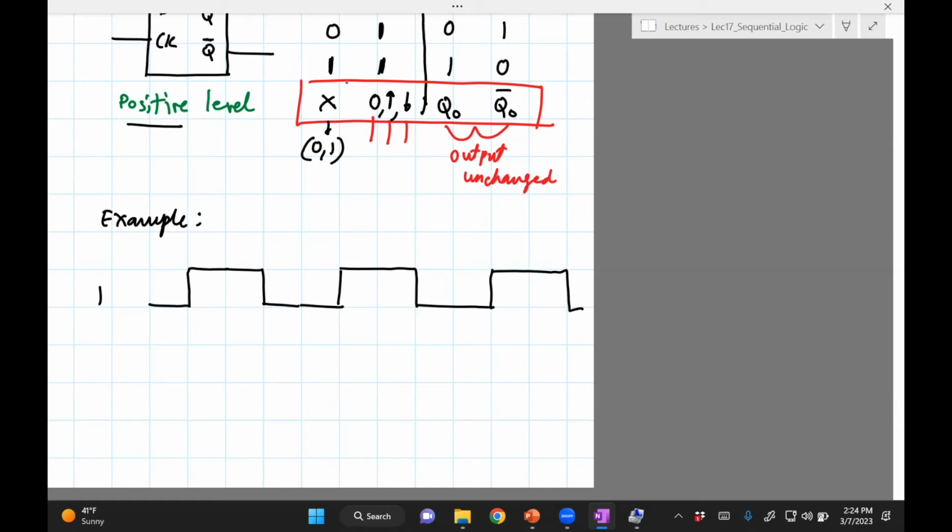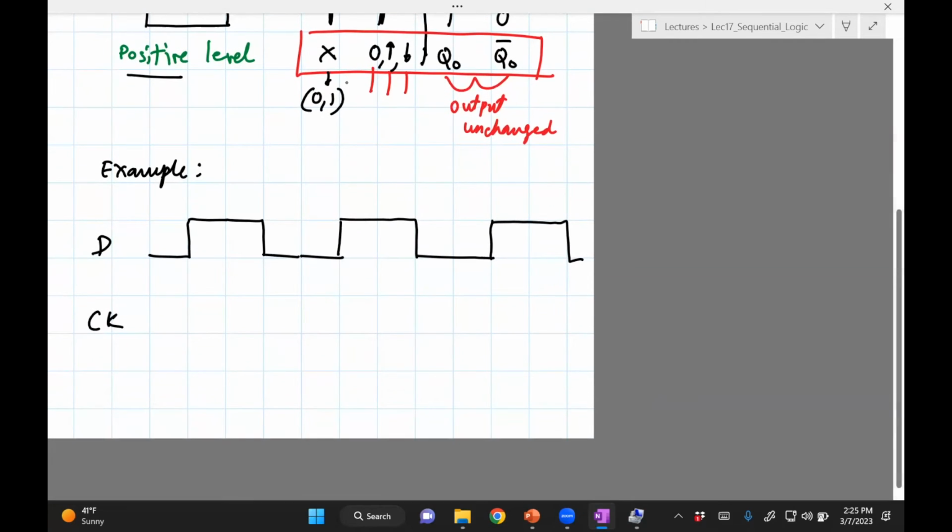Okay, that's my D. Let's look at CK. So again, this is an input. Let this be like this, goes up, stays up till here, goes down, and then let's just say it remains down. Okay, so these are, by the way, my inputs.